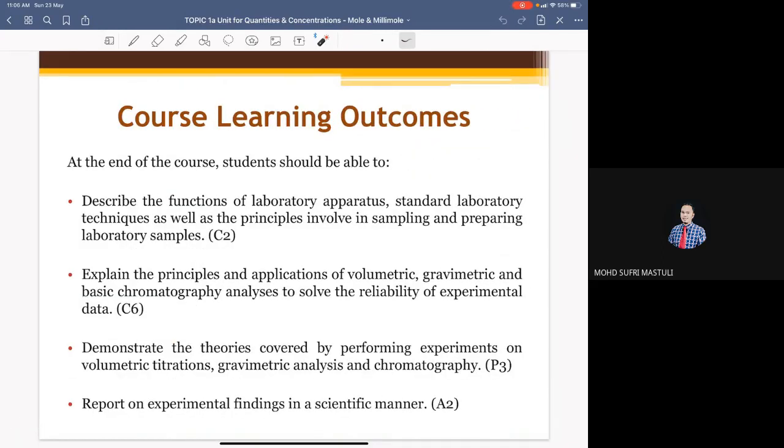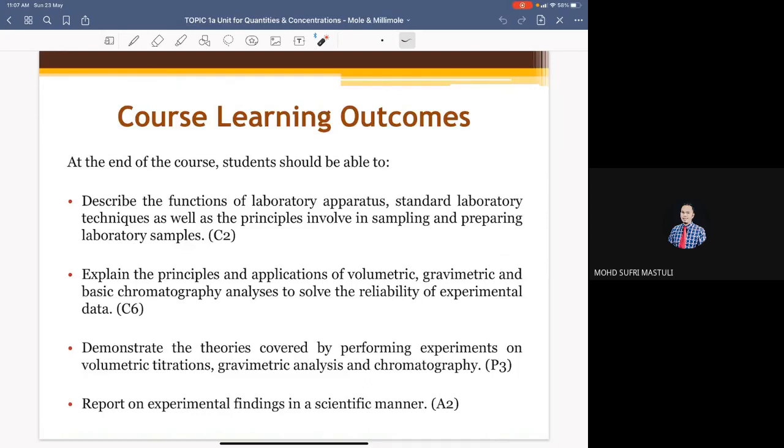At the end of the course, you should be able to describe the function of laboratory apparatus, standard laboratory techniques, as well as the principles involved in sampling and preparing laboratory samples. You should be able to explain the principles and applications of conventional analytical qualitative techniques, volumetric, gravimetric, and basic chromatography analysis, to solve the reliability of experimental data.